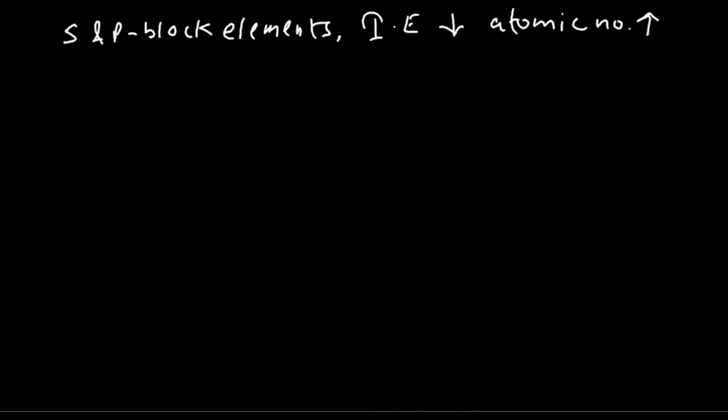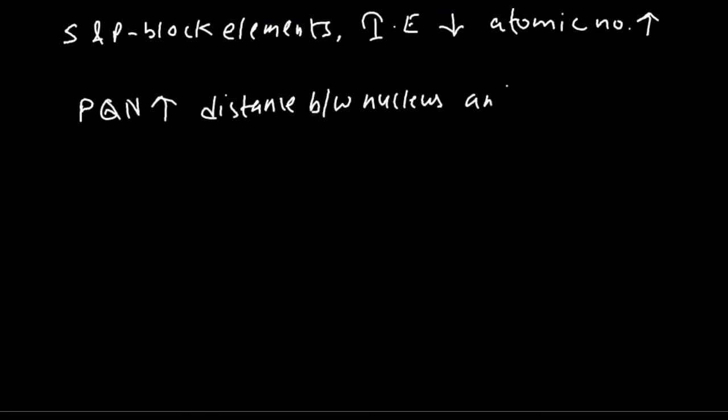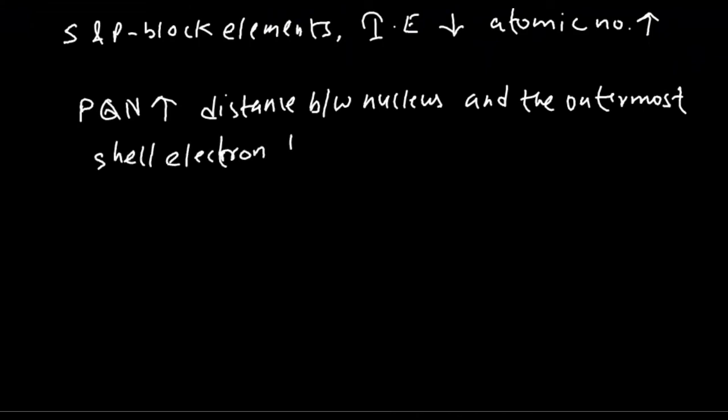So what will happen? The principal quantum number here increases. So the distance between the nucleus and the outermost shell electron increases.